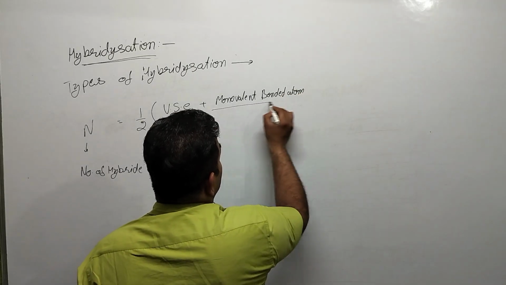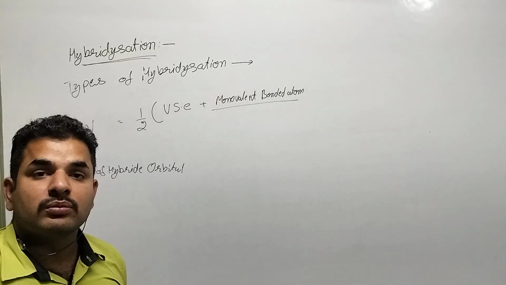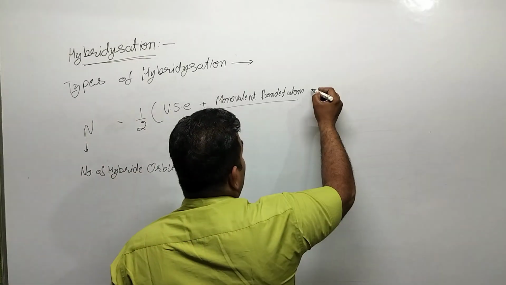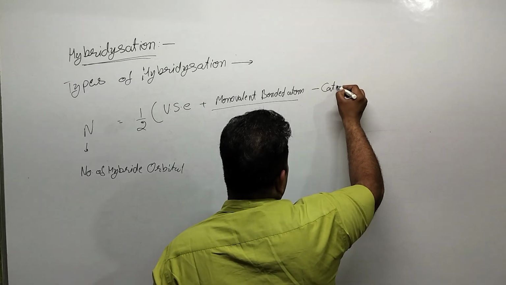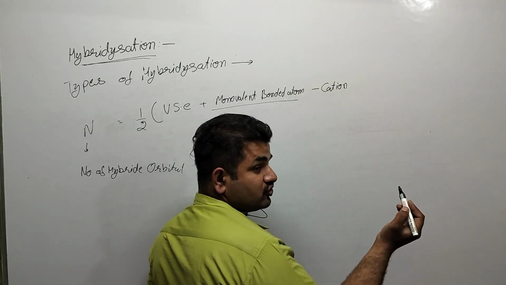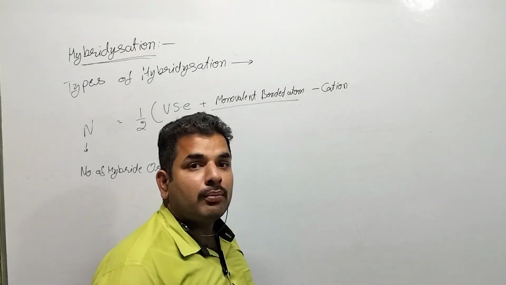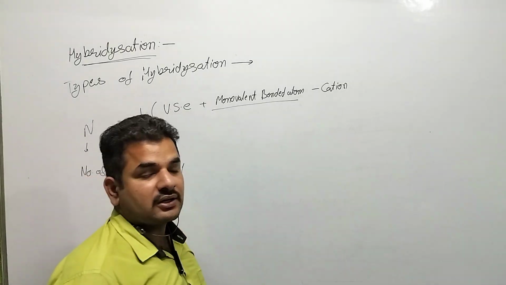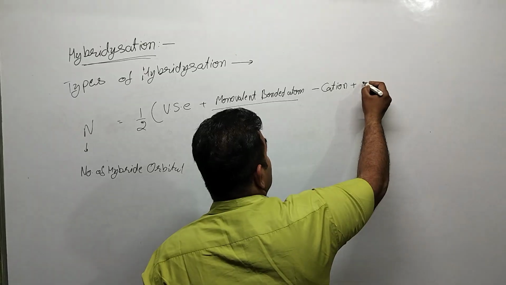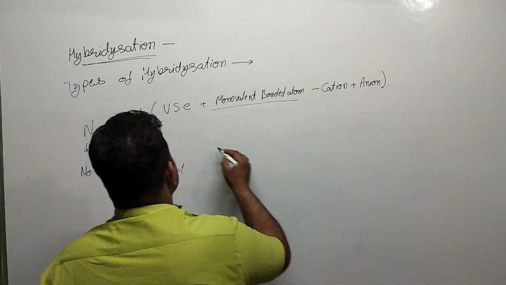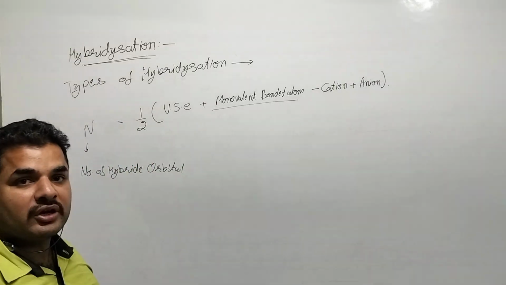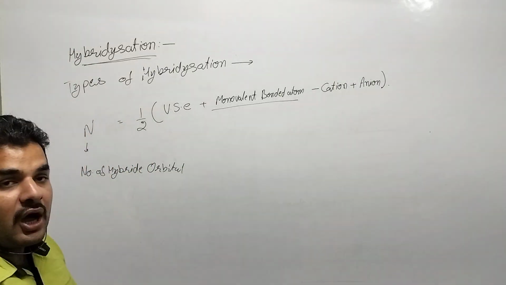Monovalent bonded atoms are atoms that form only a single bond. Minus the cation charge: if it contains a positive charge, that number is subtracted. If it contains a negative charge, it is added. This is the formula used to calculate the number of hybrid orbitals.